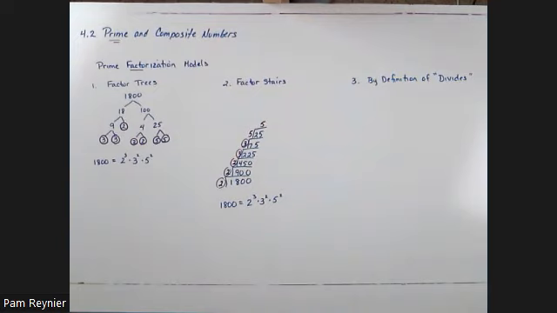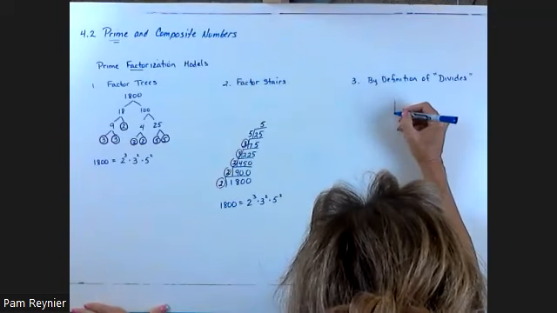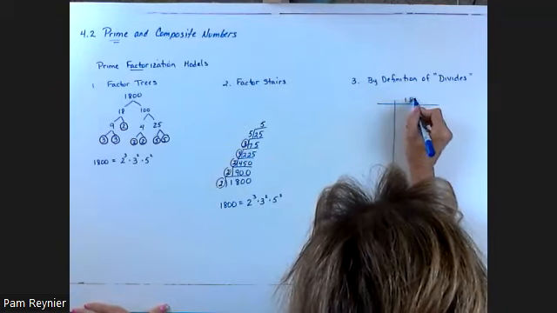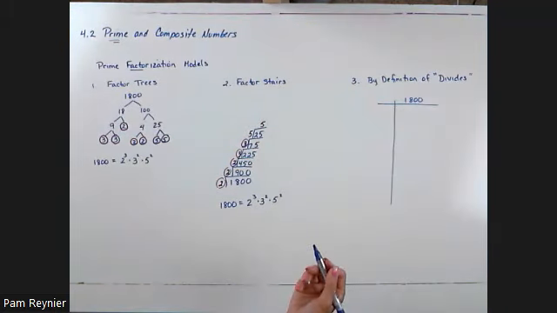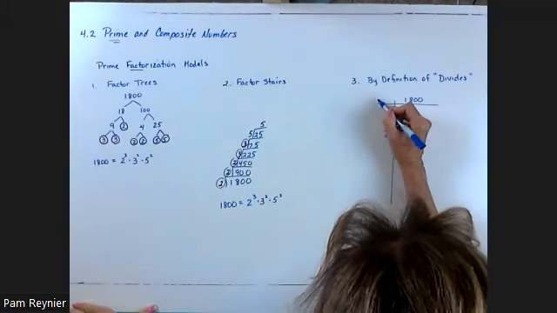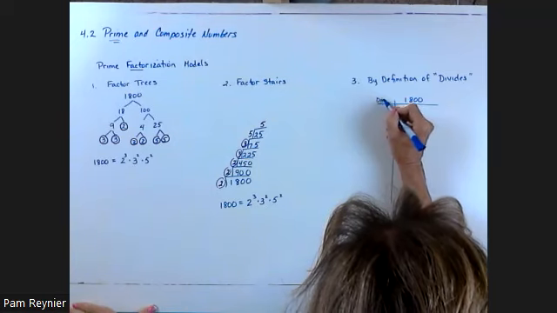So what do I mean by that? Well, I'm going to start with, let me just make a list here. 1800. And think of it as that long division symbol. 2, so here are your divisors.